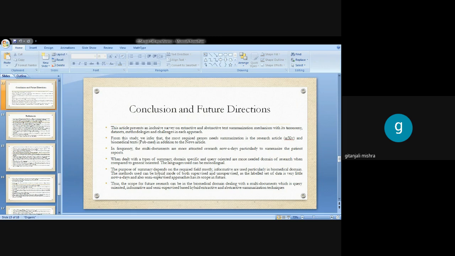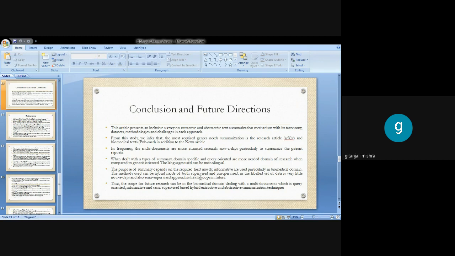The purpose of the summary depends on the required field, like biomedical documents, where informative summaries are used for particular biomedical data. The method we use should be a hybrid of both supervised and unsupervised, as labeled data is very scarce nowadays.